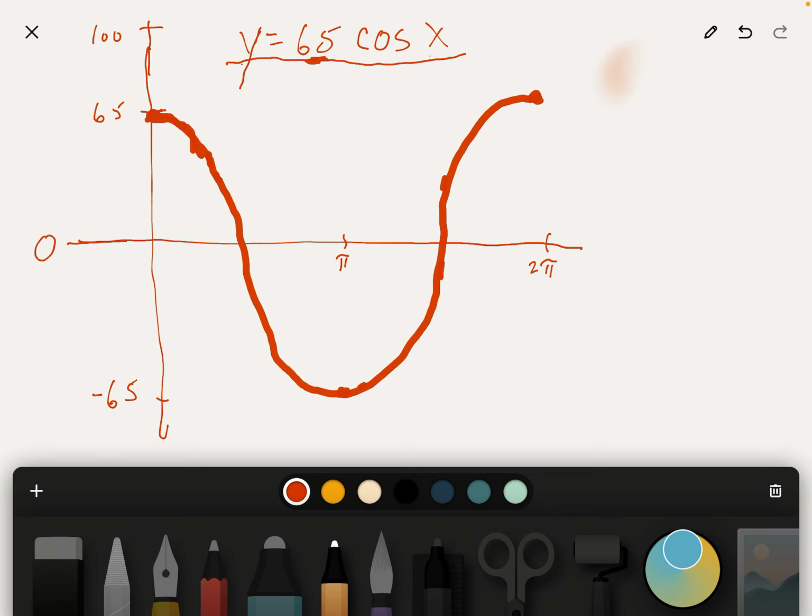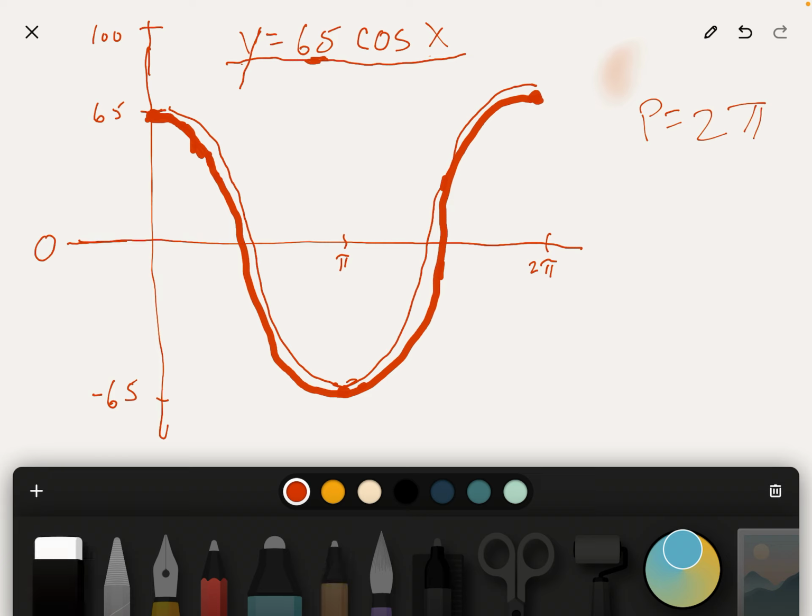So a complete cycle means that we get down here to the minimum at pi, that's half a cycle, obviously, and the full cycle means we return all the way up to 65 again. So the way this graph is drawn, the period equals 2 pi.